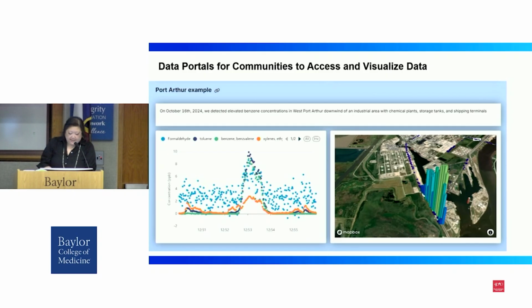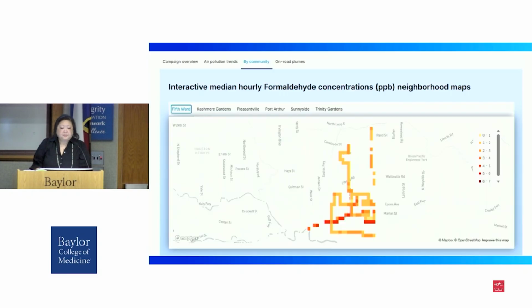So this is an example of one of our data portals where we're looking at time series of different pollutants that we're measuring, as well as showing what that looks like on a map. And where we're driving by, and how can you make those connections between not just the graphs, but where you're driving in real life. And they also show these interactive maps, for instance, as an example of measurement of formaldehyde in the Fifth Ward.